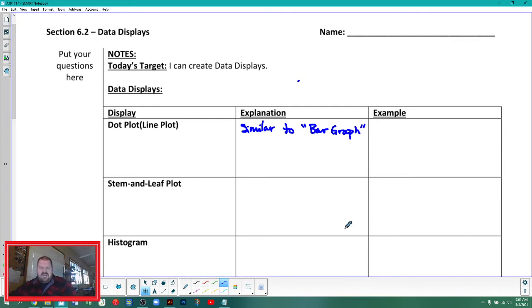It's just a little bit different. I shouldn't say that it's any different than a bar graph, but bar graphs in general kind of group together a couple different styles. The main thing I want to say about this one is that there is a dot for every data entry.